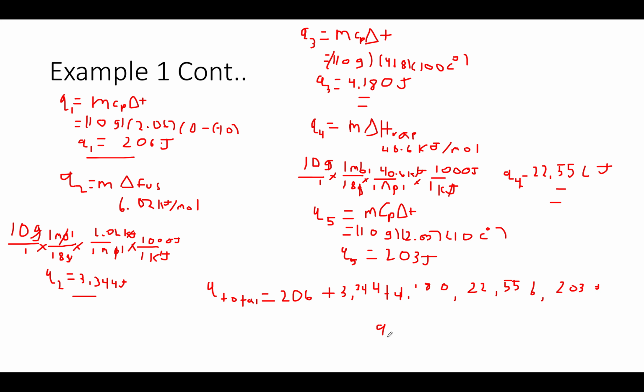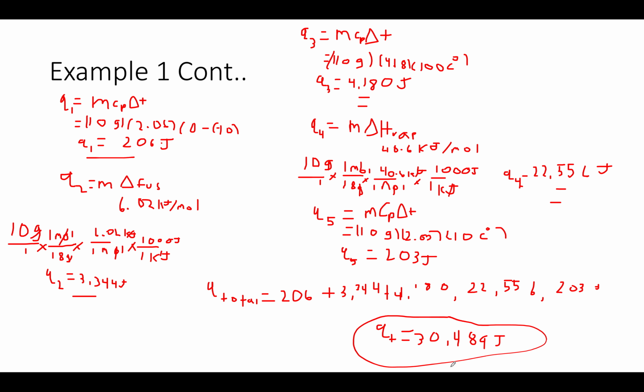So Q total, or QT, equals 30,489 joules. And that is our final answer.